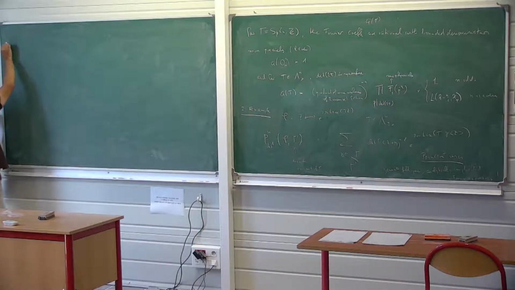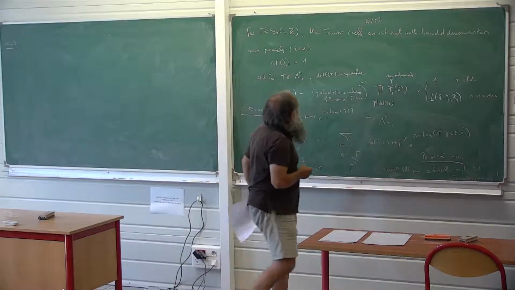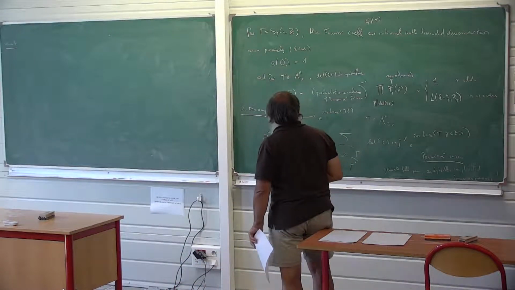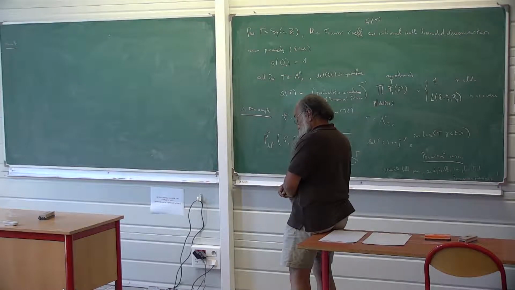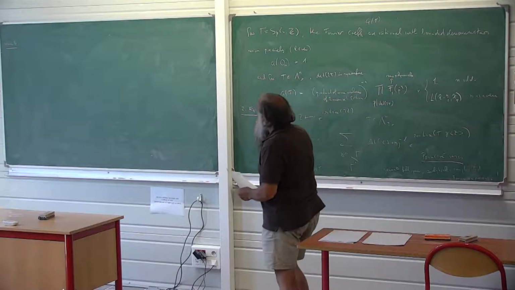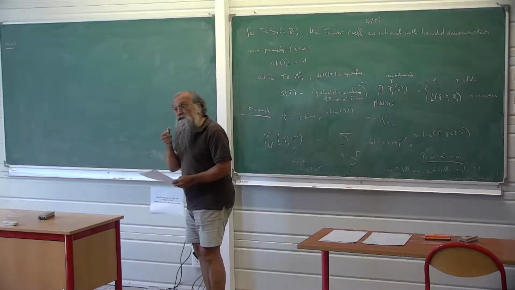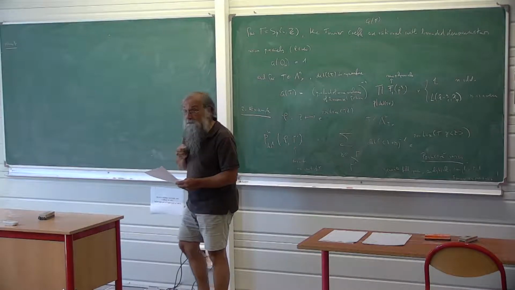There's some remark I want to make. Why did I so far only consider scalar valued things? This construction which I wrote down was valid for arbitrary rho. So you can ask, why didn't I write down Siegel-Eisenstein series for arbitrary rho?